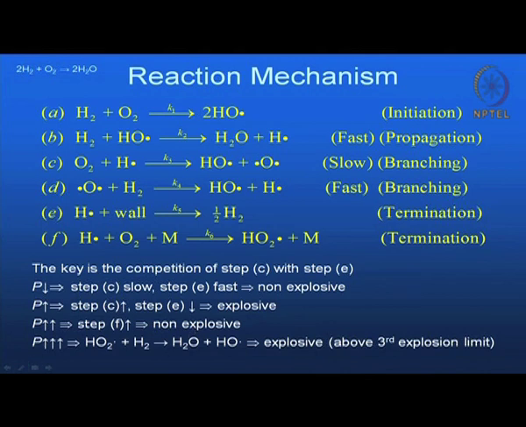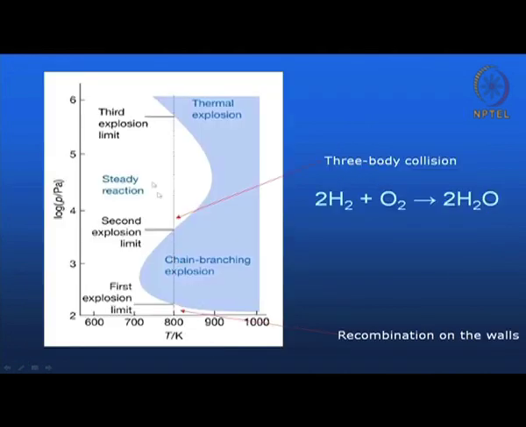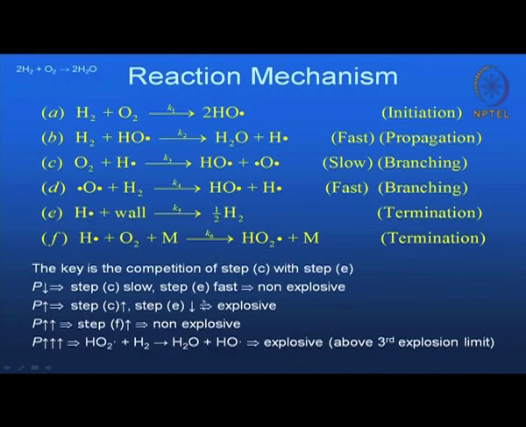When P is very high, above the third explosion limit, the HO2 dot produced in this termination step predominates in the high pressure region. So, this will again react with H2 producing H2O and OH dot.